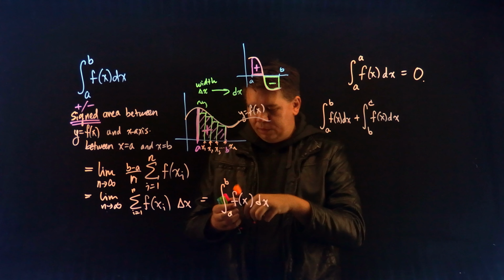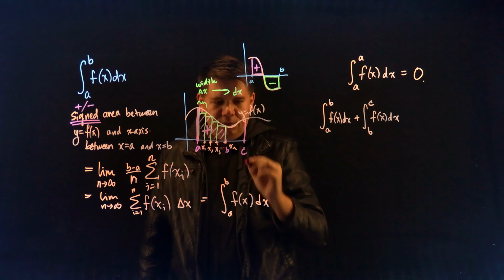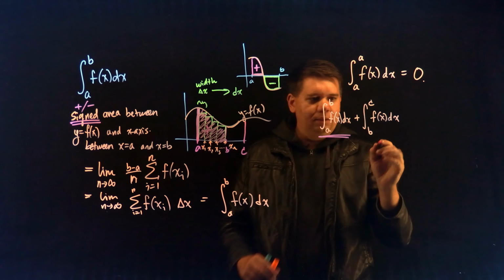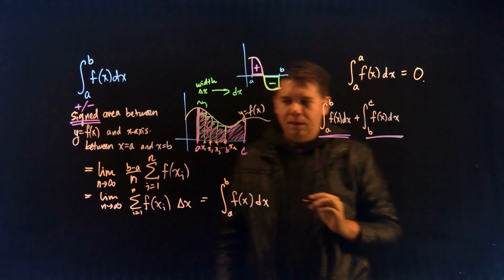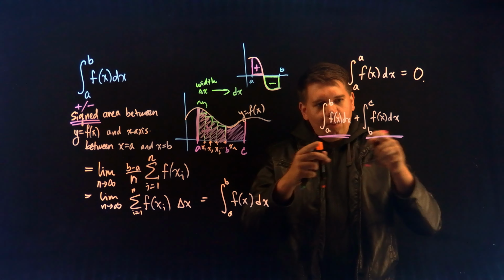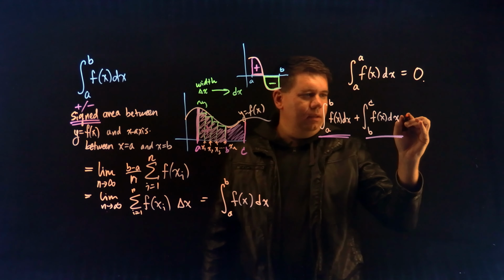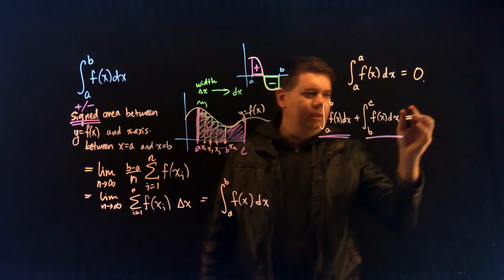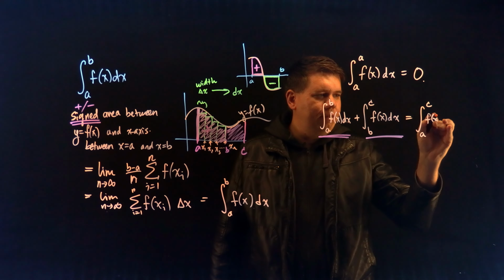You know, maybe this guy continues on, and over here is some C. And so this first part is giving me this area here from A to B. And then the second part is giving me this area from B to C. You calculate whatever that area is. What does that come out to be? Well, it would end up being just your total area from A all the way past B to C. From A all the way to C of f of x dx.